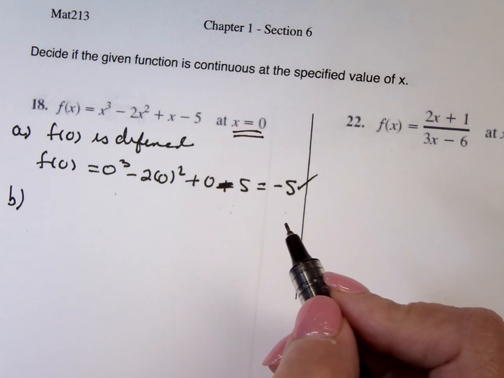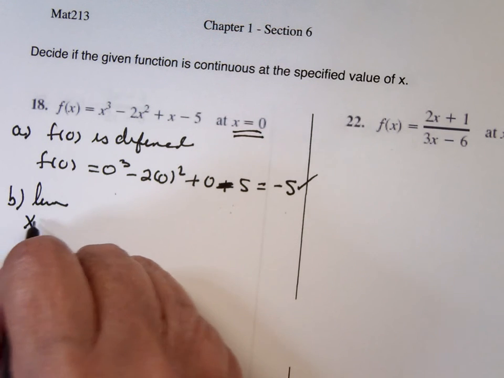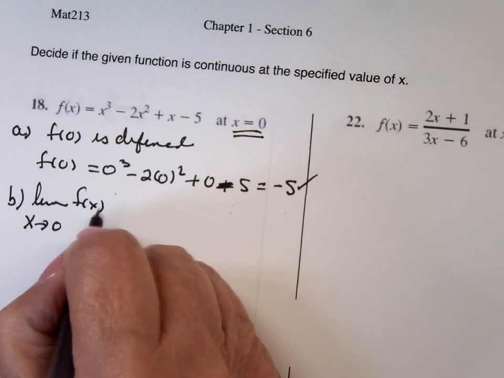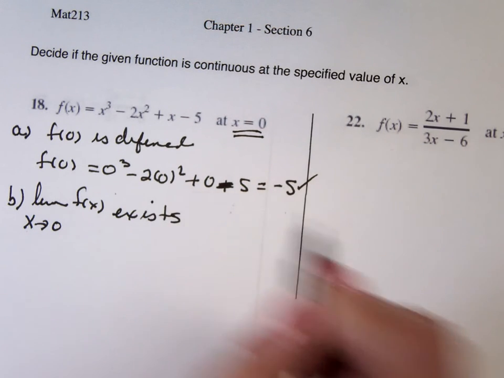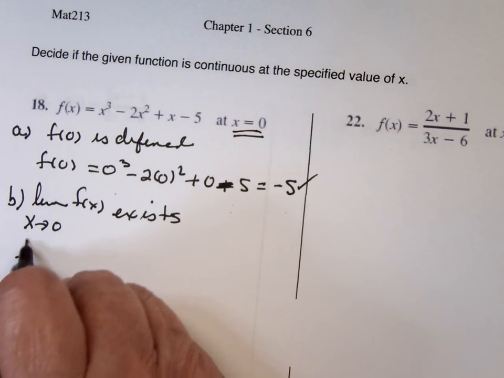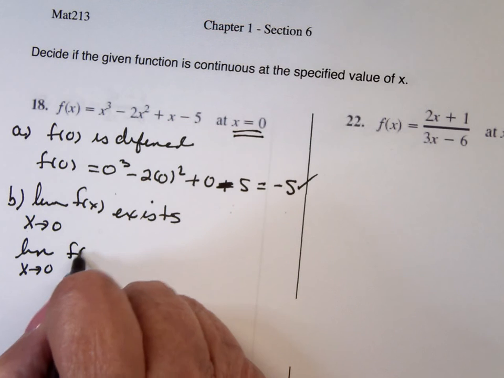B. The limit as x approaches 0 of f of x exists. Now remember, the limit has to exist. Well, what's the limit as x approaches 0 of f of x?